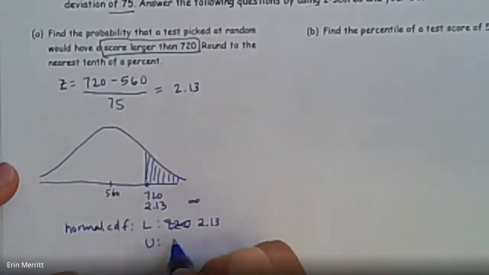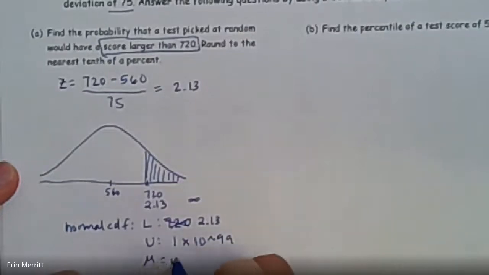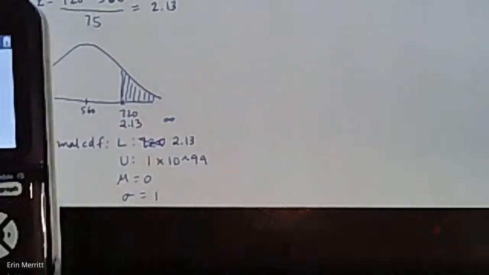And so infinity, 1 times 10 to the 99th power, and then mean 0, standard deviation 1. Slide so you can see a little bit better. On your calculator, same thing again. Use that normal CDF, second vars, and then we're going from 2.13 up to 1 times 10 raised to the 99th power.